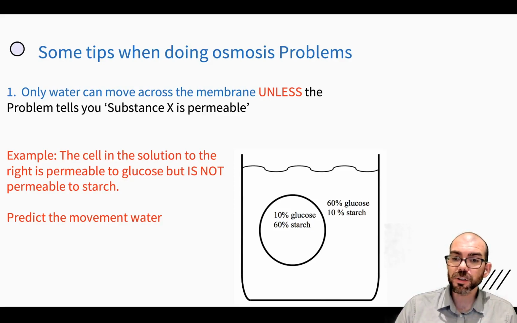Let's say the cell in the solution to the right is permeable to glucose, but is not permeable to starch. You might be asked to predict the movement of water, but keep in mind, since it's permeable to glucose, this glucose will move as well. So you want to anticipate that glucose movement to equilibrium in addition to the movement of water.